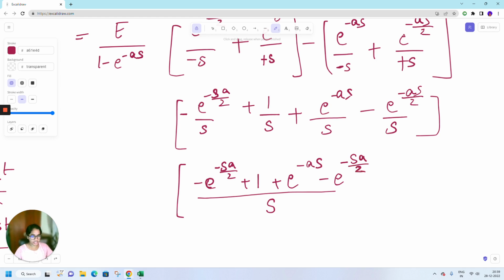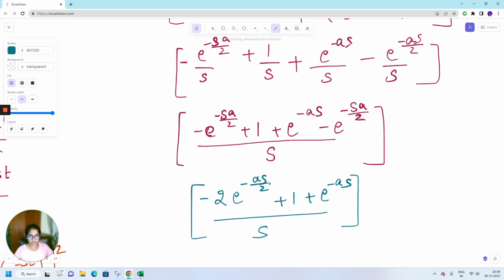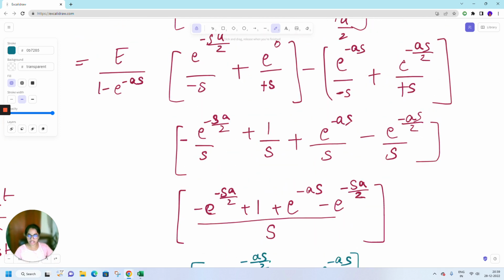Clearly, the first and last terms are same. Agree? Yes? These both terms are same, right? So can I write it as 2 times e power minus sa, or as, anything means the same, plus 1 plus e power minus as divided by s. What did I miss? I have not written this term, right? This term comes for every step. Okay.